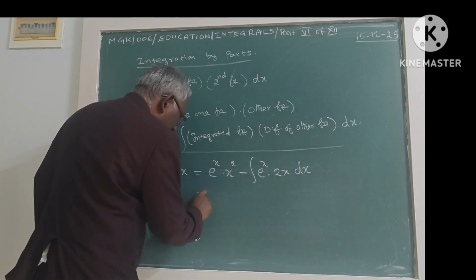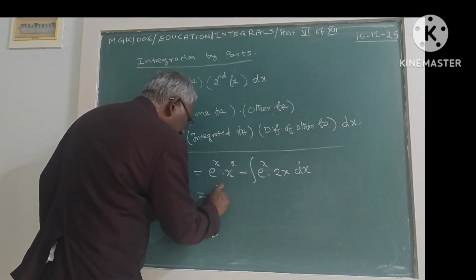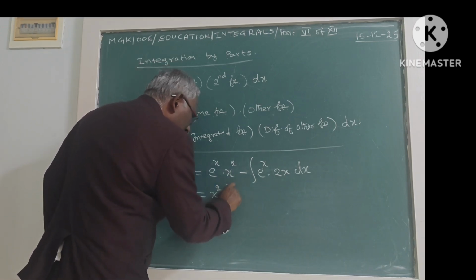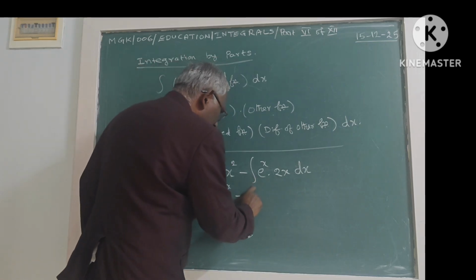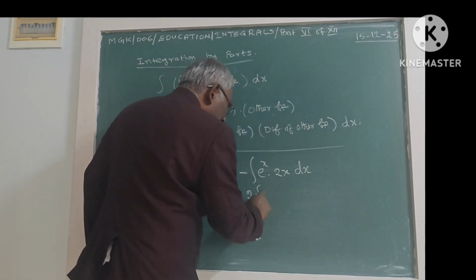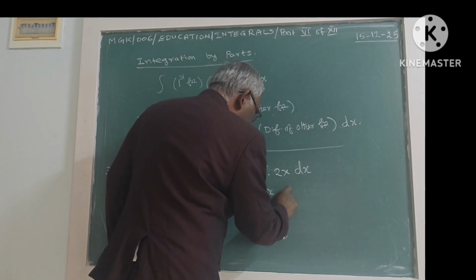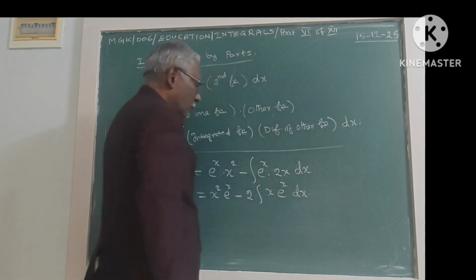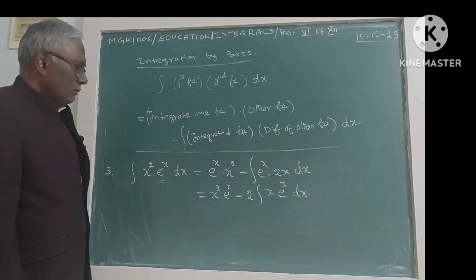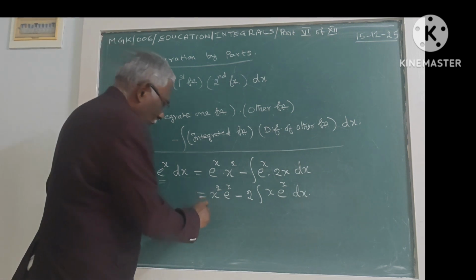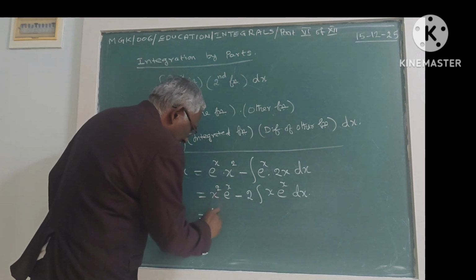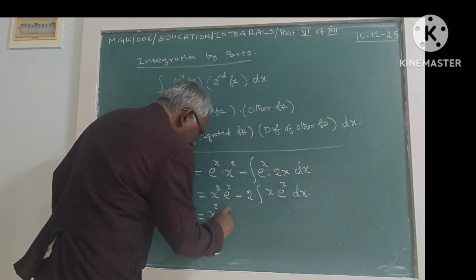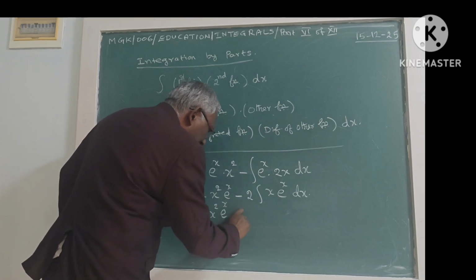So this becomes now x square e power x minus 2 times integral x e power x dx. x square e power x minus 2 times.